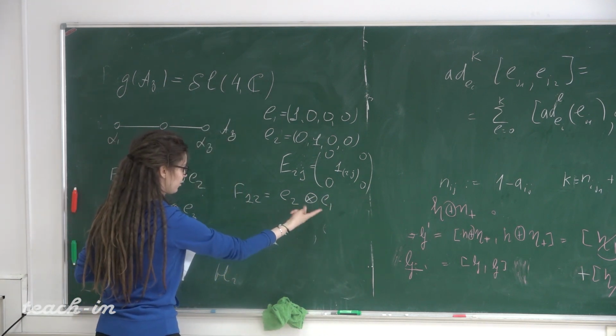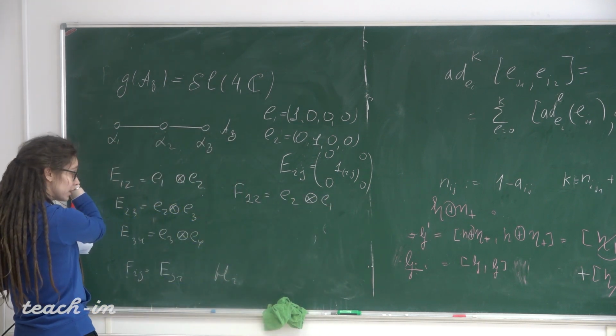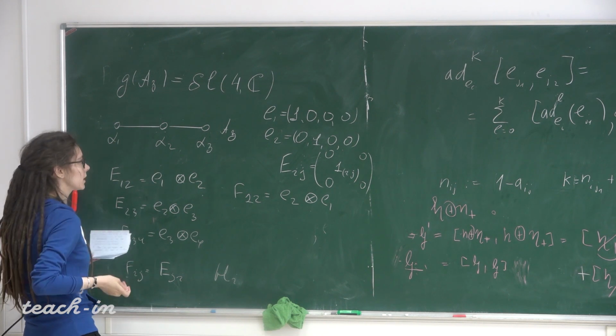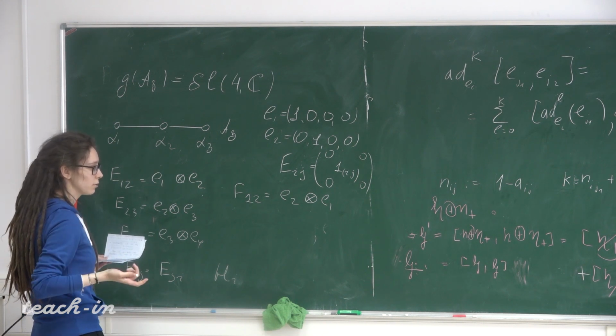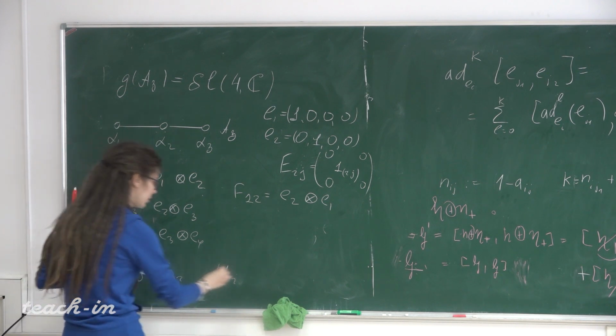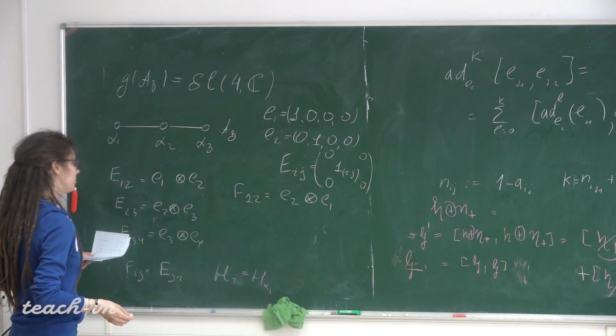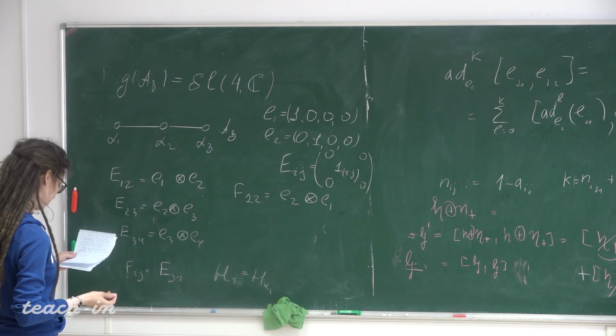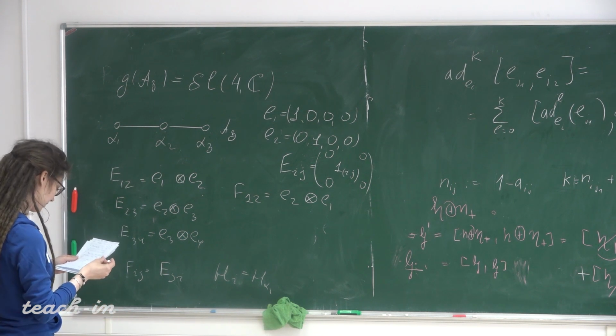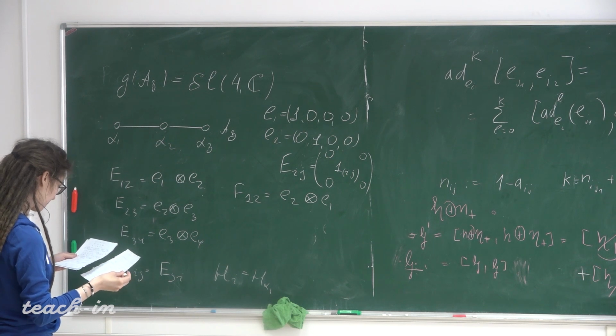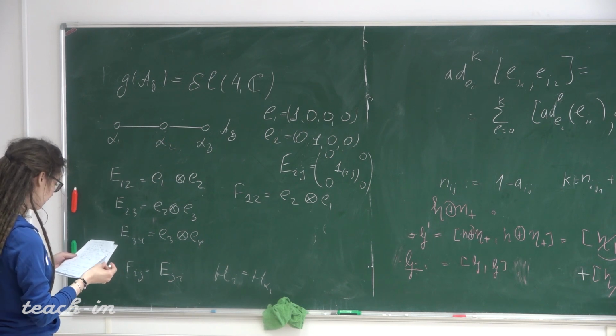That's all that we changed. And h_i is the Cartan algebra element that corresponds to the root alpha_i. That's actually just a basis.